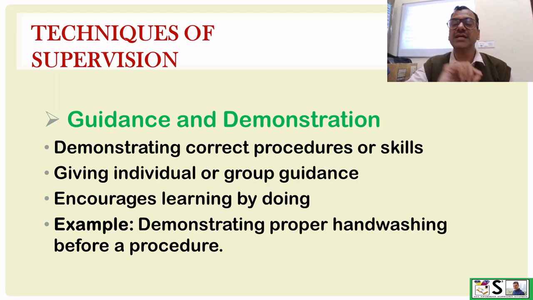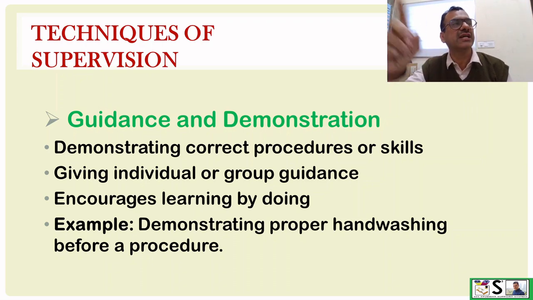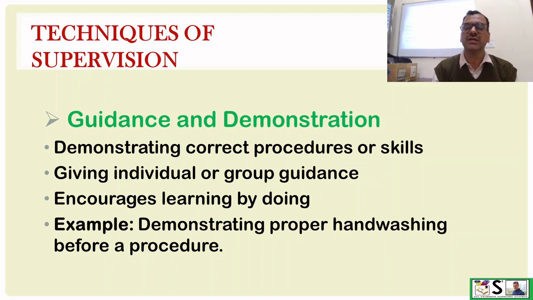Here we encourage learning by doing, because we are doing, and this encourages learning as the supervisee will observe and learn. An example is demonstrating the proper hand washing procedure before any activity or procedure, or demonstrating the injection technique. This system is known as guidance and demonstration.